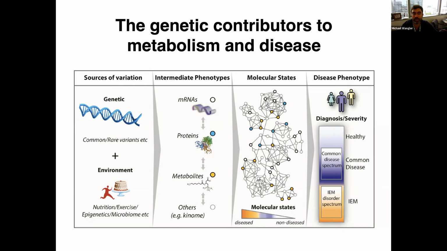And then there are also environmental determinants like nutrition and exercise. These feed into intermediate phenotypes, what's happening with gene expression, with our proteins, and with metabolites. That could lead to different molecular states and could affect our ultimate susceptibility to disease.